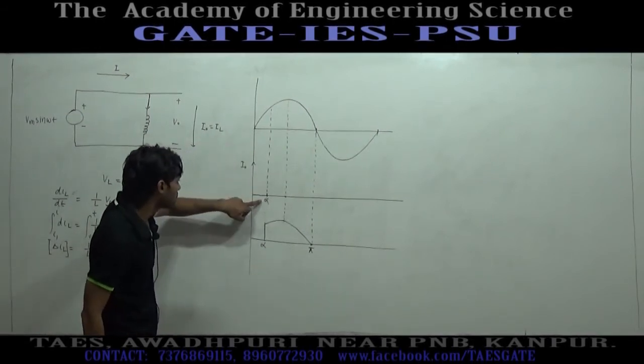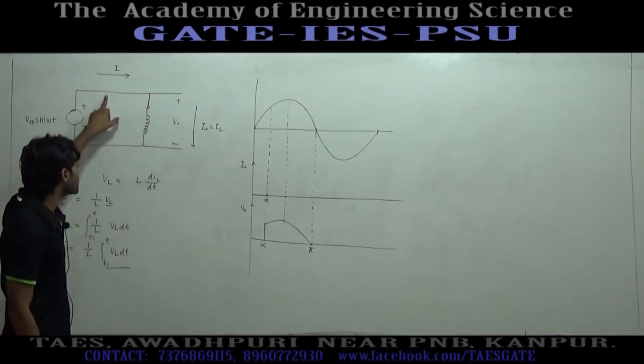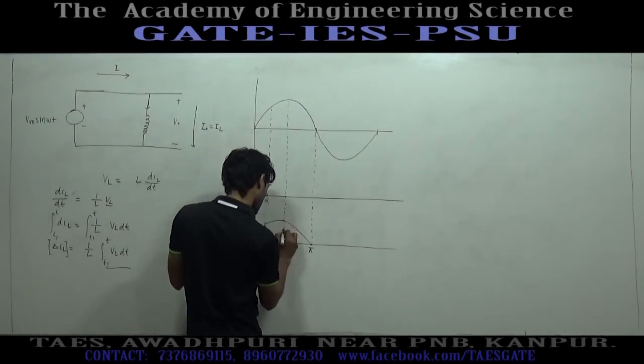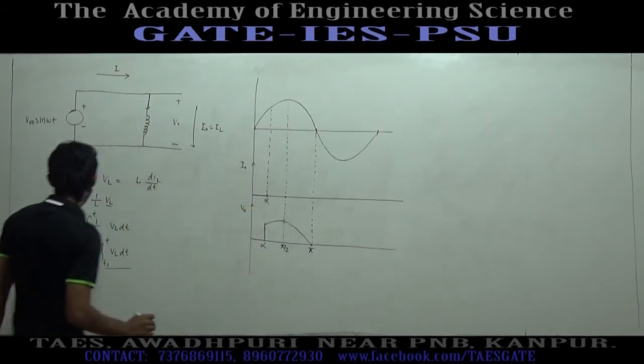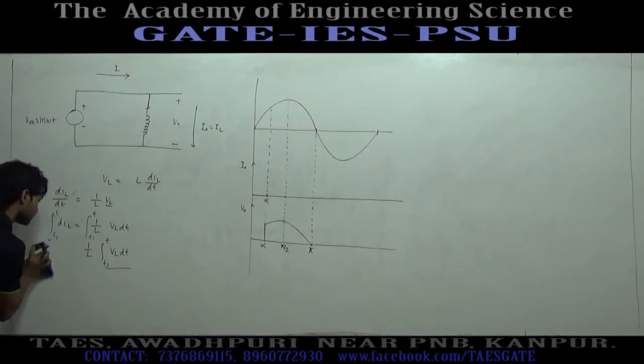At alpha the inductor current is 0, because at this point the thyristor starts conducting. And suppose we want to find out the inductor current at omega t equal to pi by 2. So, from alpha to pi by 2, we will again write this equation.